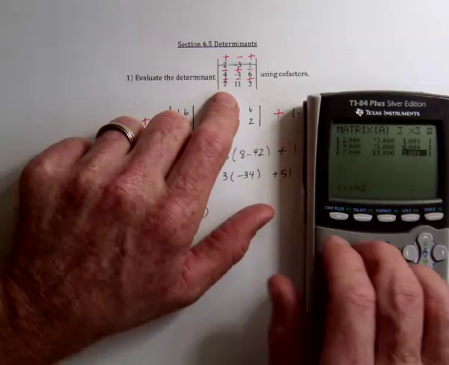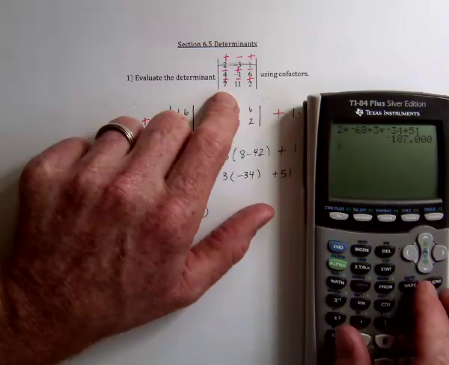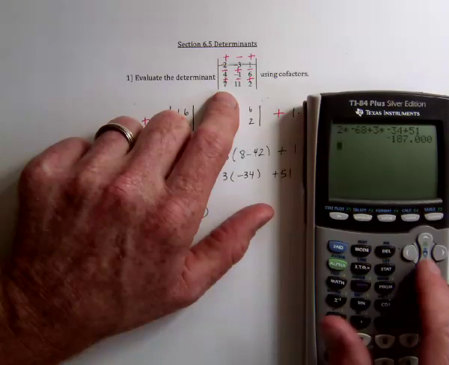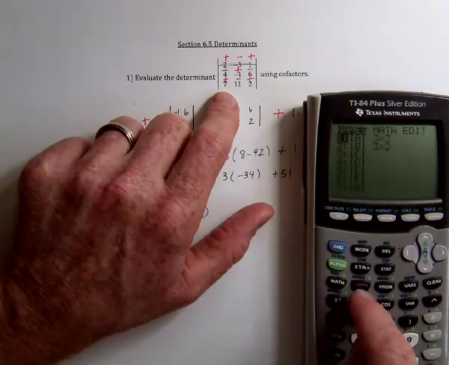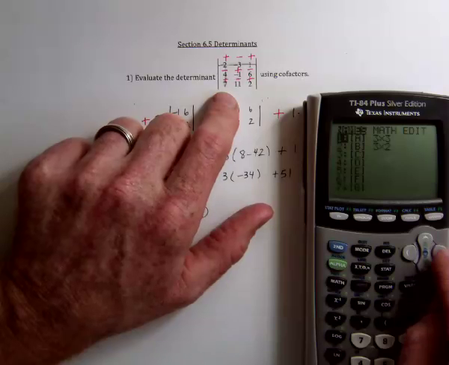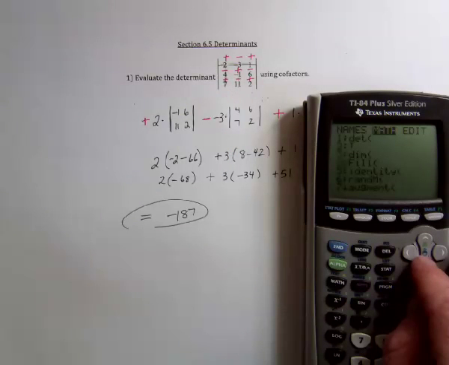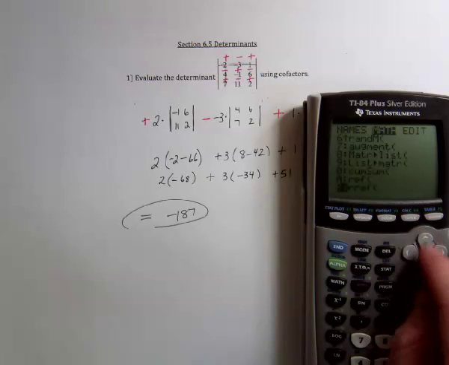And now quit. And on the home screen, tell it to find the determinant of matrix A. So under matrix, go over to the mathematical operations, and DET is the determinant.